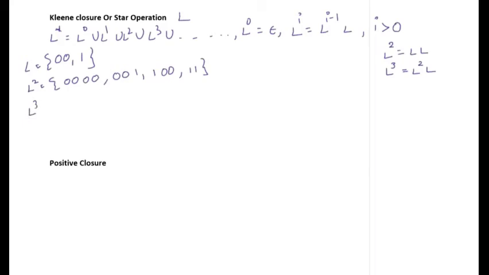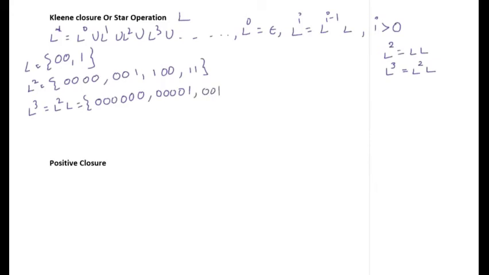L power 3 can be calculated as L power 2 concatenated with L. That means all these 4 strings we need to write first and these must be concatenated with this L, that is 00 and 1. So let us write 0000 and besides that we need to write 00, and 0000, besides that we need to write 1.